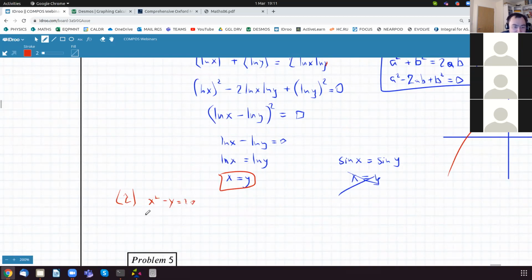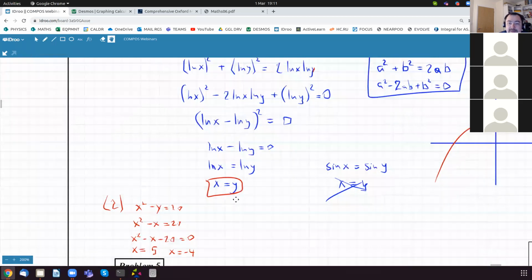So x squared minus x equals 20, so x squared minus x minus 20 equals 0. So x is 5 or x is minus 4. I'm using Vieta's formulas here. They multiply to negative 20 and add to 1, so x is 5 or x is minus 4.